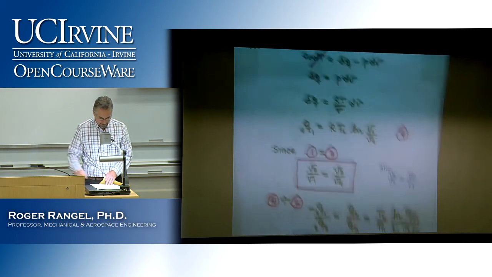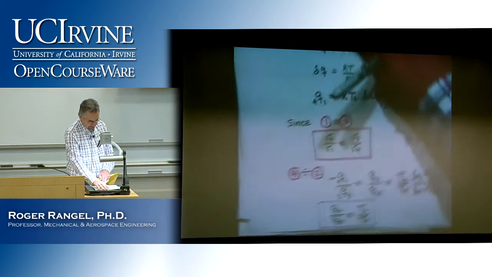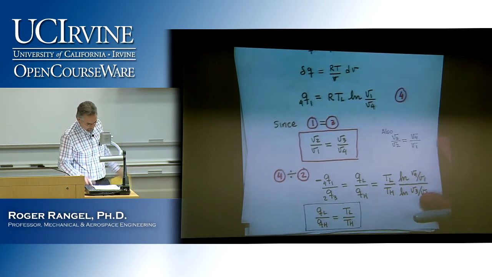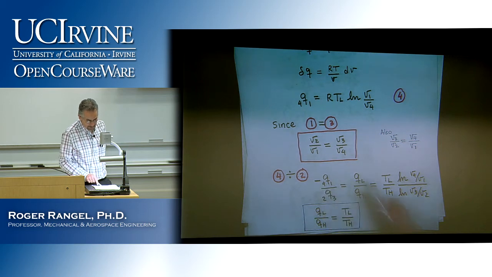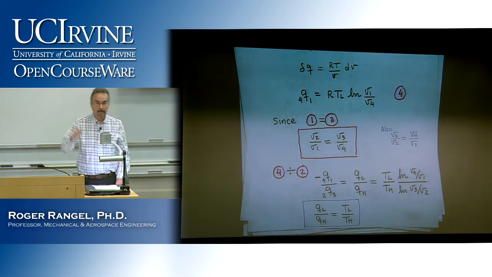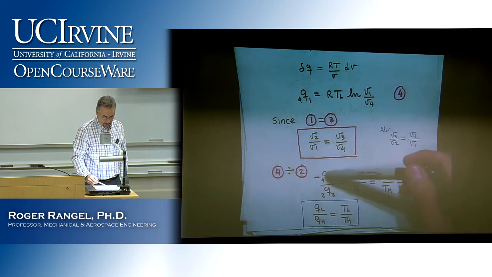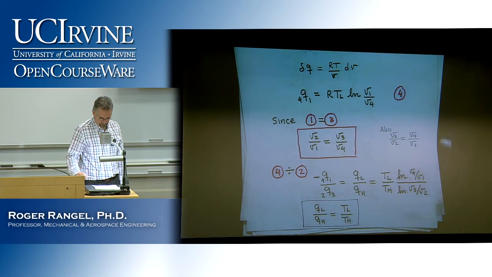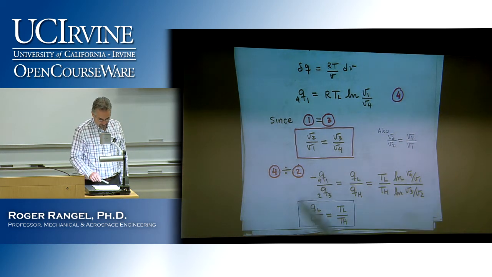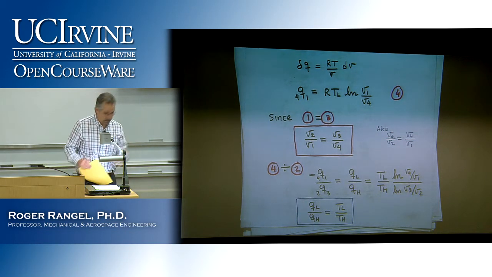So Q41, you look here at the bottom, is nothing but the minus Q sub L. The reason for the minus sign is because when I do the integration, because I'm going from right to left, I'm going to get a negative value because that's heat that is coming out of the system. So that's why it's negative. So I put the negative sign to make it Q sub L, to just take the absolute value of it.